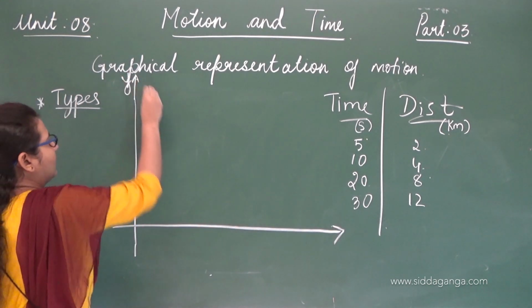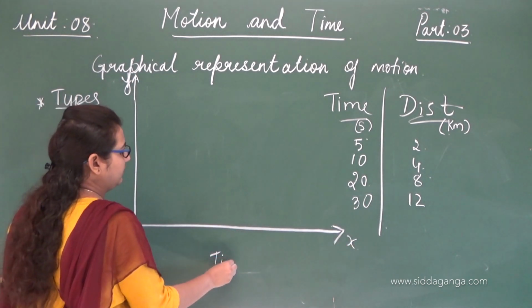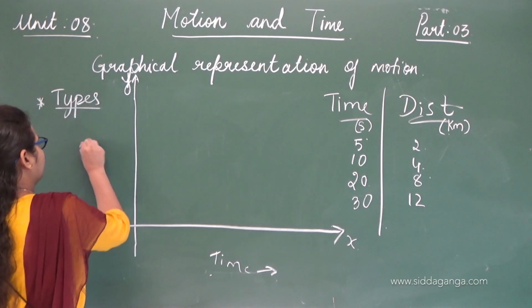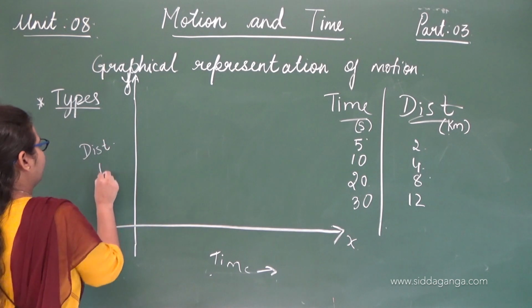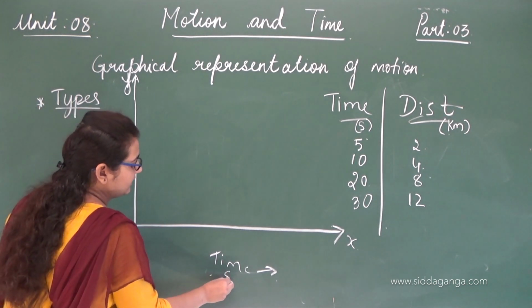This is the y-axis. In the x-axis we'll take time, and in the y-axis we'll take distance, mentioning the unit. Distance we have taken in kilometers and time in seconds.